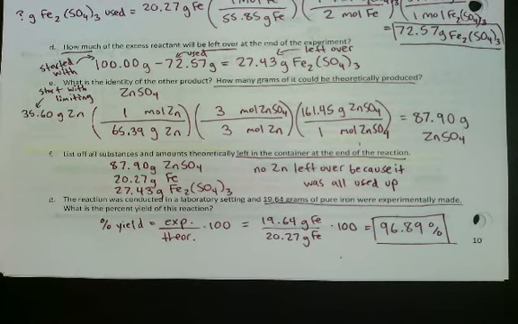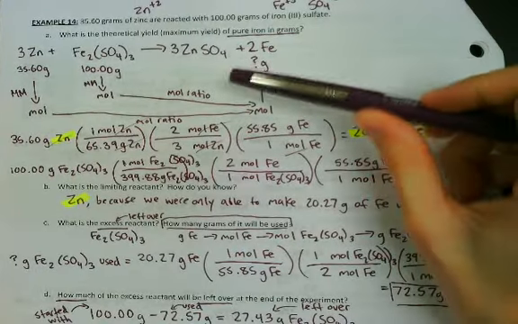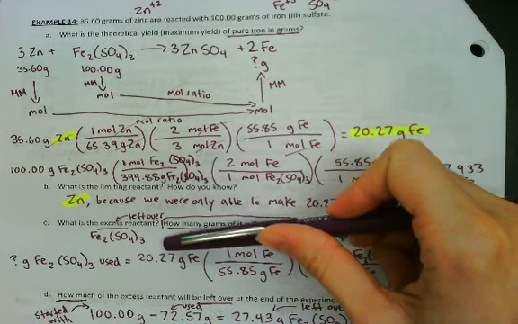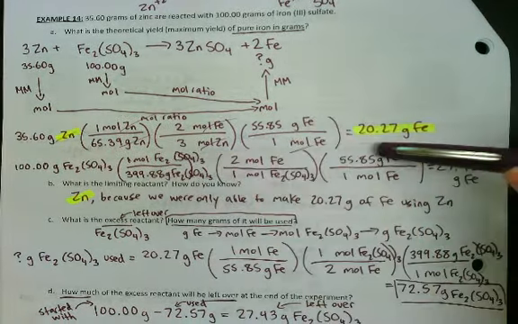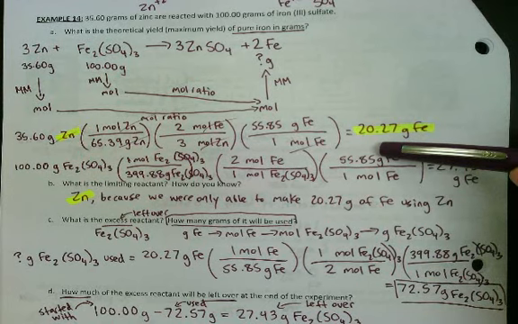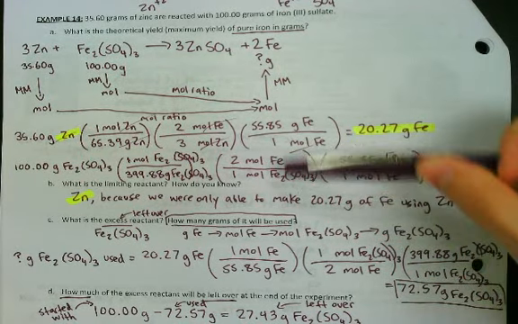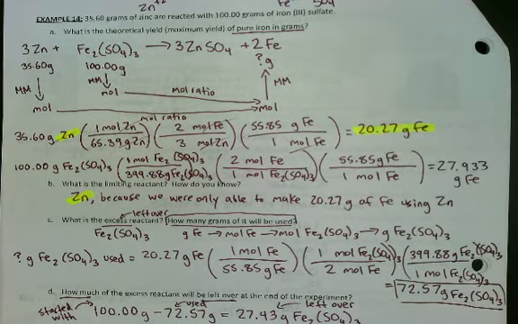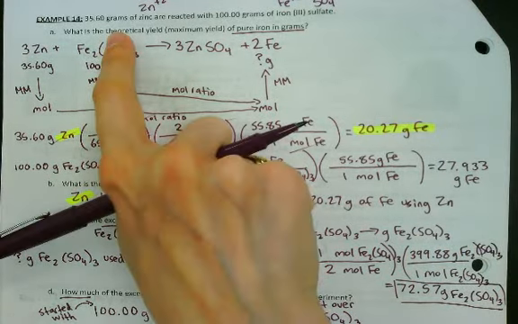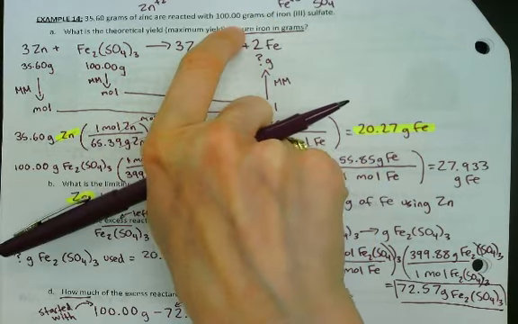So that was a lot. There are a lot of steps to some of these limiting reactant problems. But again, figure out what your question is asking you. Take it step by step, okay? If you have a limiting reactant problem, you're going to have to set up two dimensional analysis problems, one for each of your reactants.